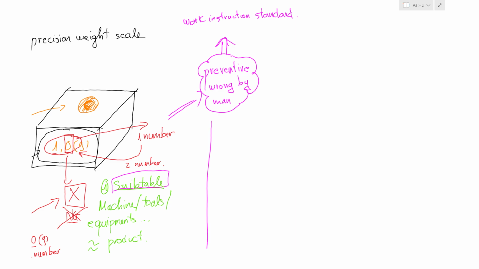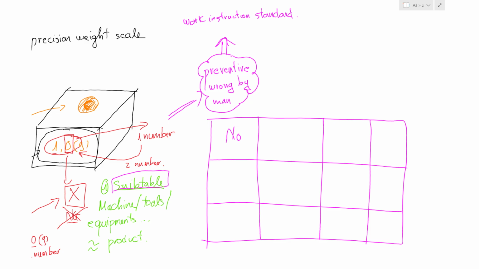For example, here is the check sheet while they weigh the rubber compound. Here is the node, here is the standard, here is the actual, and here is the judgment. For example, we have compounds A and B here. The standard is 1 plus minus 0.5 gram, and B is 2 plus minus 0.4 gram.